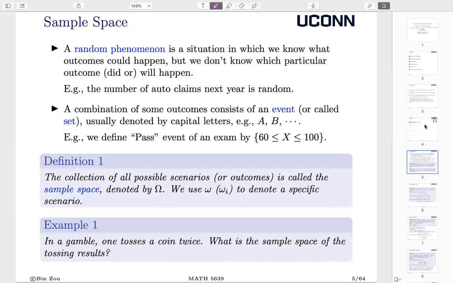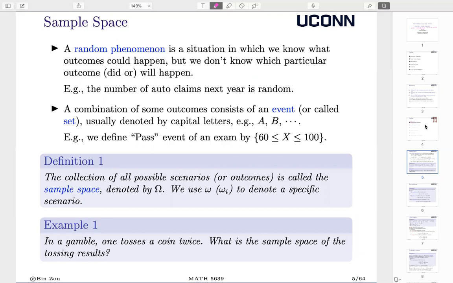All of you know that, right? Which means you already know what outcomes could happen. But at this time, you don't know which grade you will be getting. So you don't know the final result yet, but you know the final result will be taken from one of those categories.